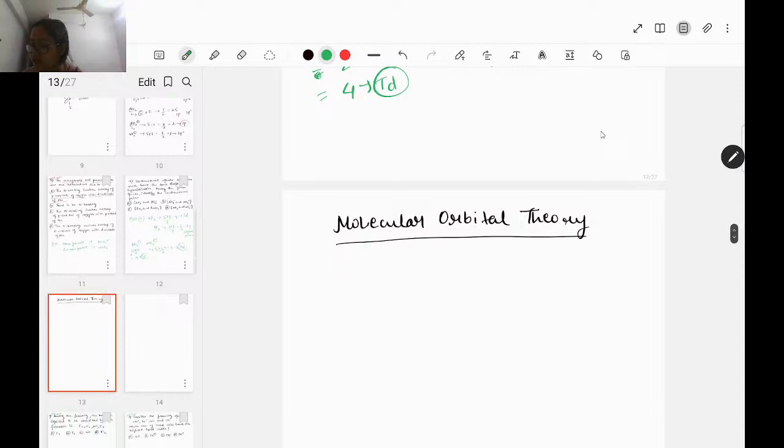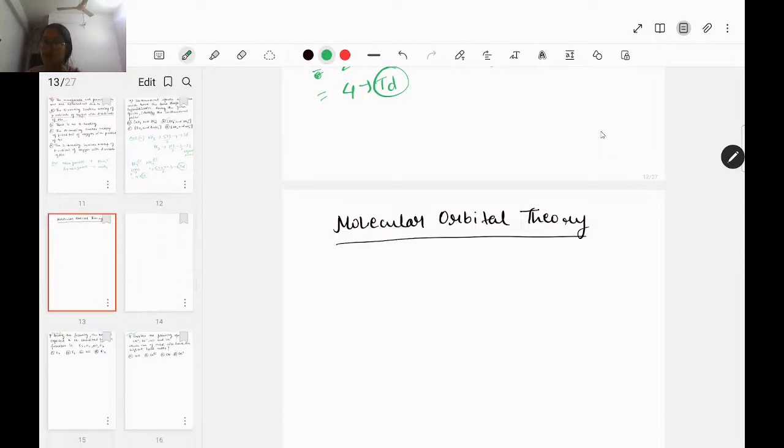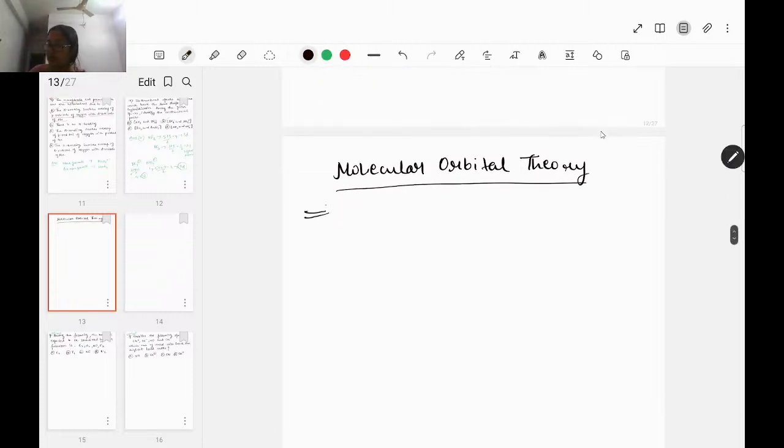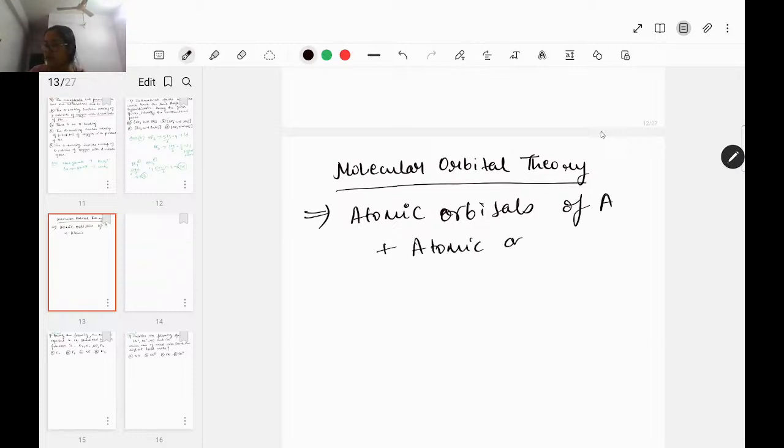Okay, now we reach a very important point, which is the molecular orbital theory, and lots of questions are asked from it. The main thing over here is, when two atoms come together to form a bond, atomic orbitals of atom A overlap with the atomic orbitals of atom B, and they form two molecular orbitals.